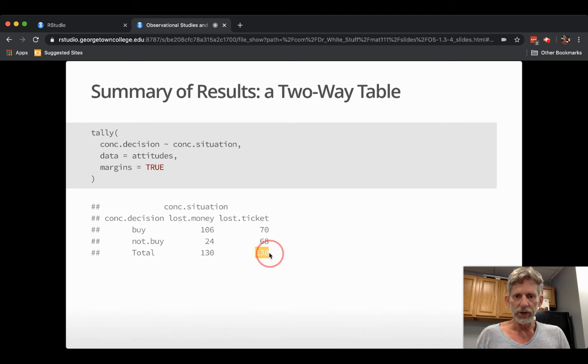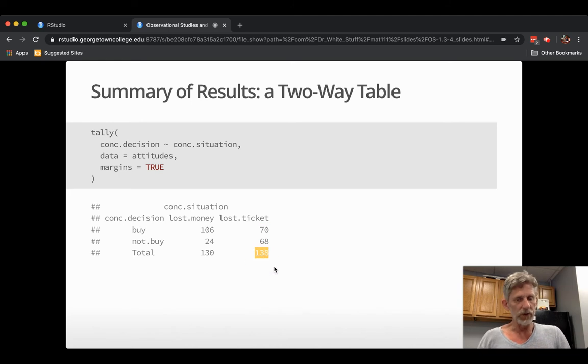And there's 138 people who got a form that said you've lost a ticket that you previously purchased. And the majority of people who lost money, pretty solid majority, 106 out of 130, said that they would buy a ticket anyway. And just a very slim majority of people who lost a previously purchased ticket said that they would buy another ticket.